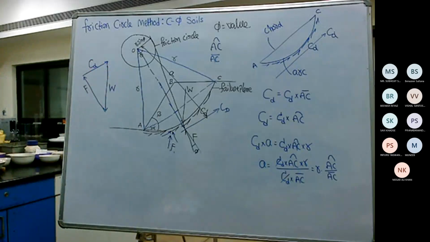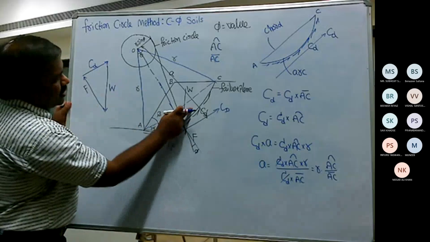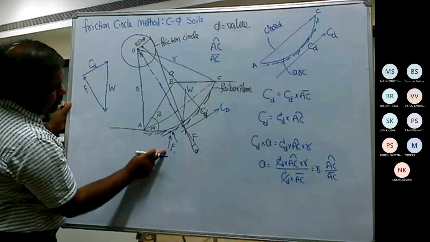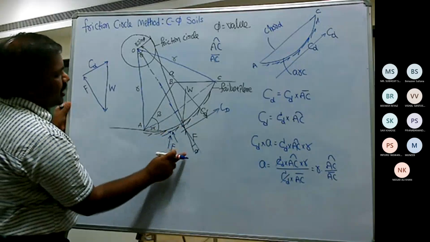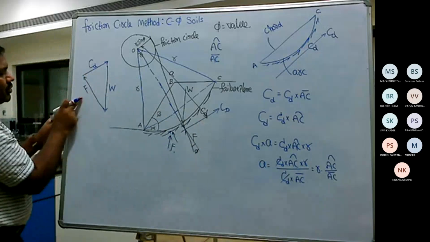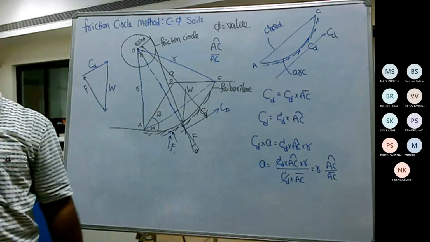This is how we can draw the force polygon, based on the weight of the soil mass, the resultant of the tangential and normal force of the shear strength, and the resultant of the cohesion force.